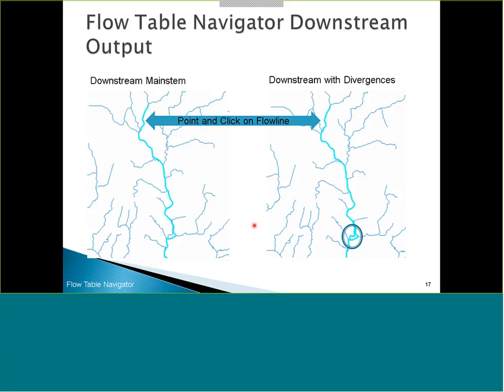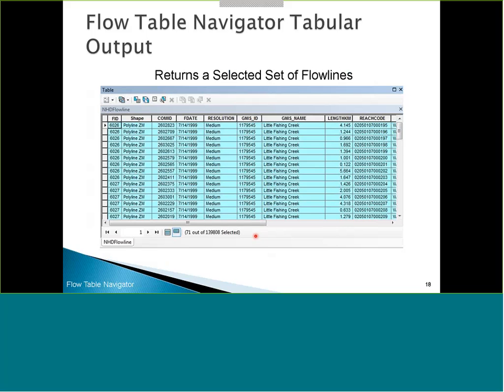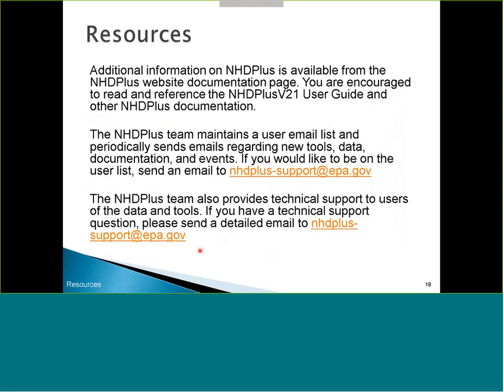It always does full flow line navigation, and it returns to you a selected set of flow lines rather than a new layer in your map. And this is the NHD flow line feature class selected for a navigation. We navigated 71 flow lines, and all it is a selected set. And that is the end of part 4.